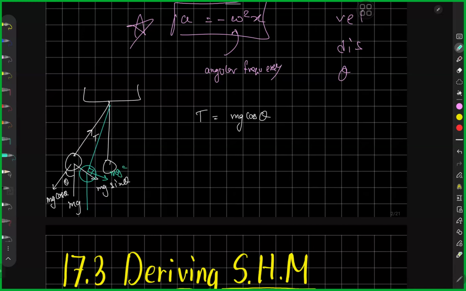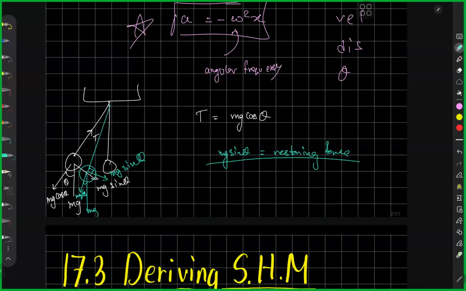This is also mg sin theta. This is mg, and this is mg cos theta. The point is, mg sin theta is the component, the restoring force, the unbalanced force. Are we clear on this?